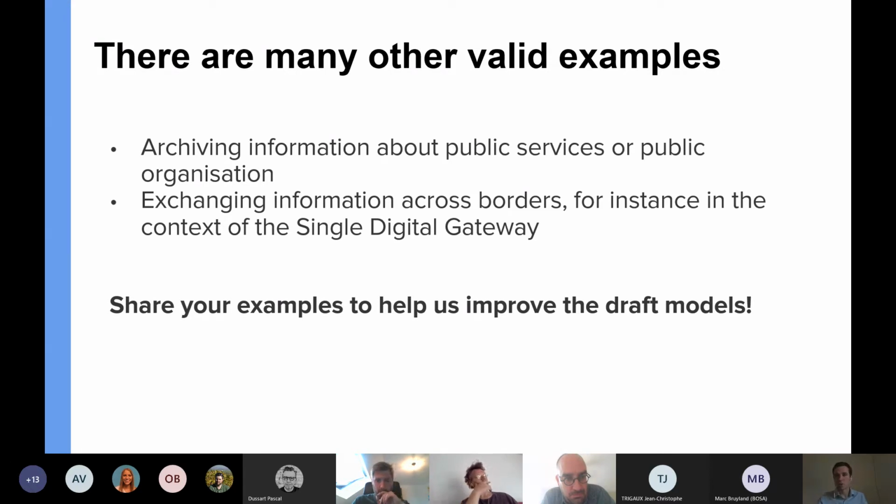So I think what is important for us is to look at different examples progressively as part of this work and to see whether it fits or not the model we are defining. So feel free to share examples that you think are important for us to consider in the chat or via email or on GitHub. And we will consider them. Of course, we'll need to select some of them, but that's a general idea.